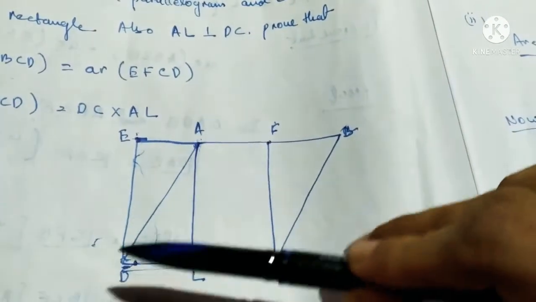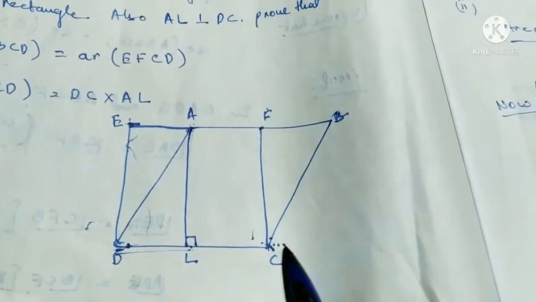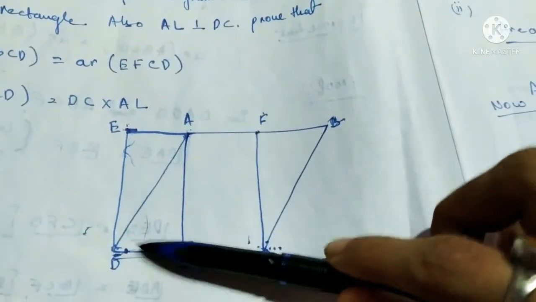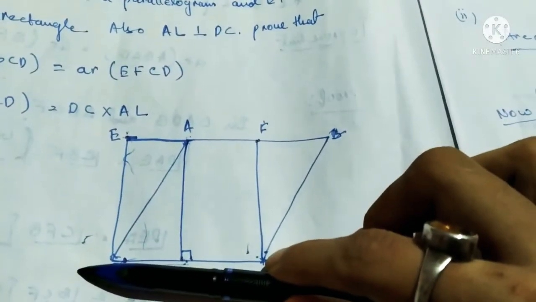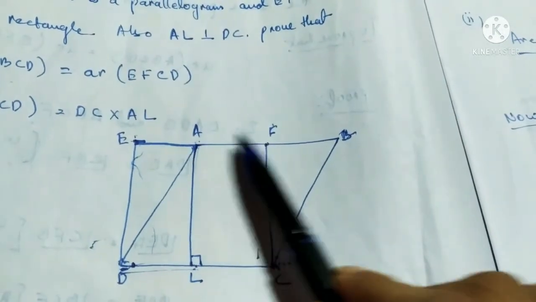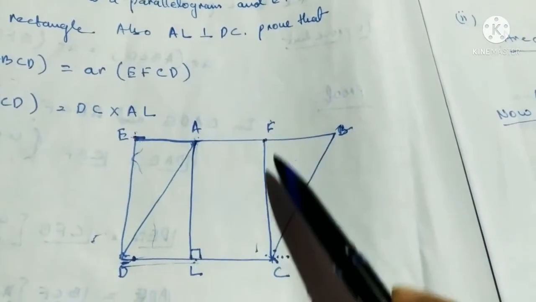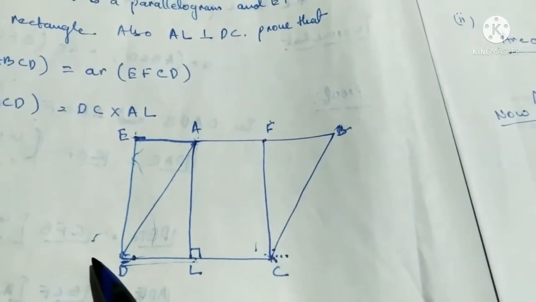So these two parallelograms are on the same base DC and between the same parallels. So the area of this parallelogram ABCD will be equal to the area of this rectangle EFCD.